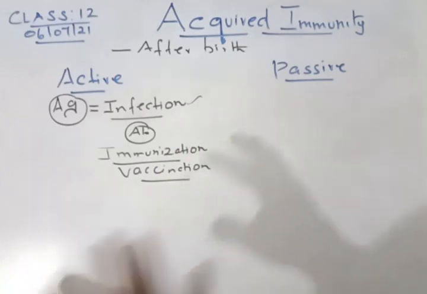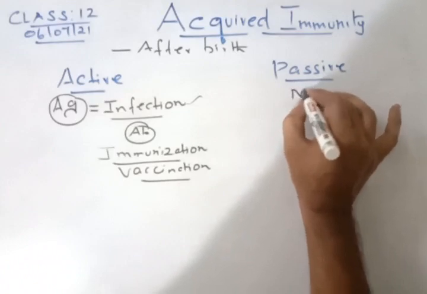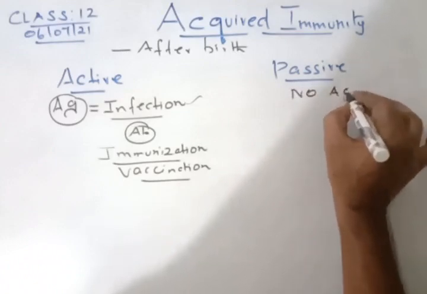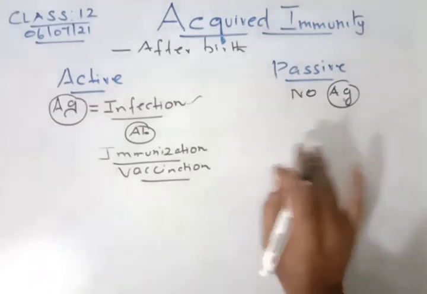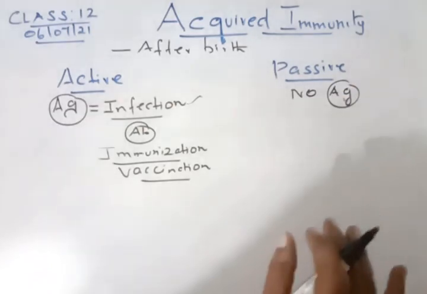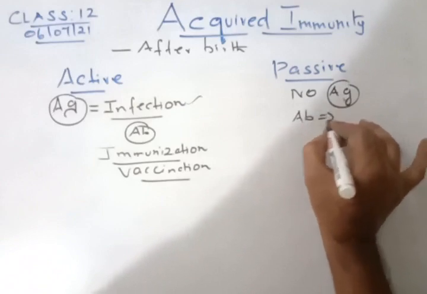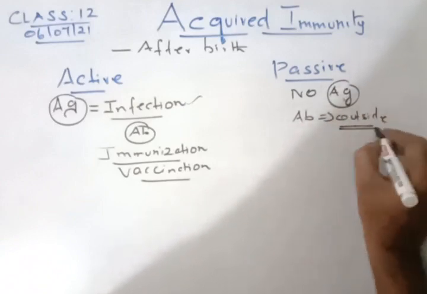Whereas in passive immunity, there is no involvement of antigen. That means the antigen does not enter the body. So how are antibodies obtained? Antibodies are not produced in the person's body, so the antibodies are given from outside. Somewhere we are preparing the antibody.